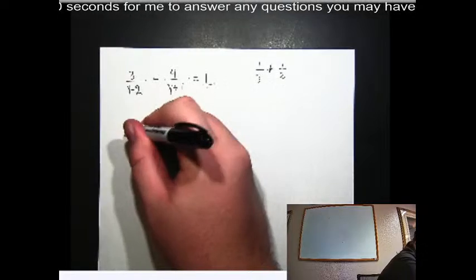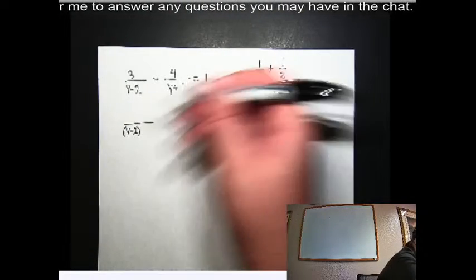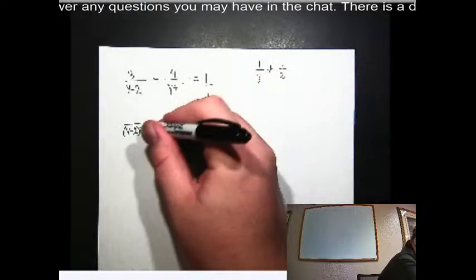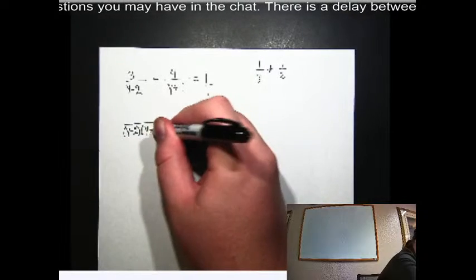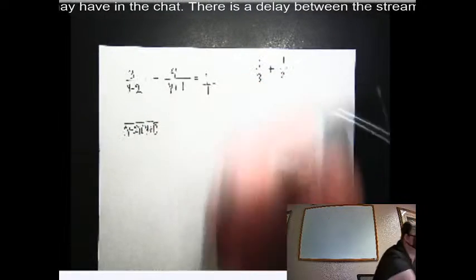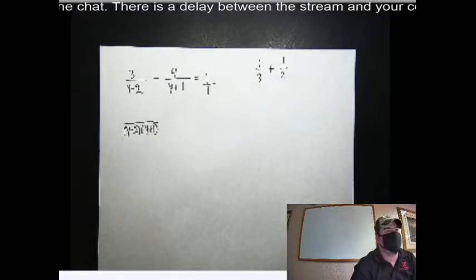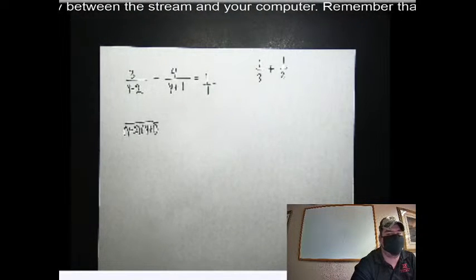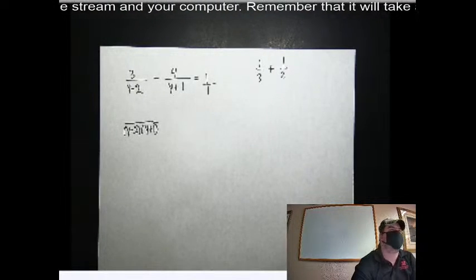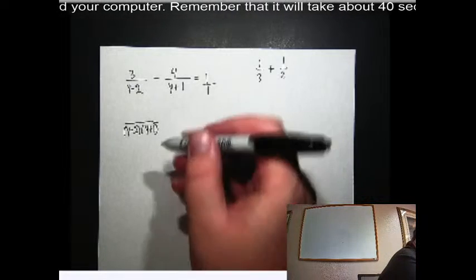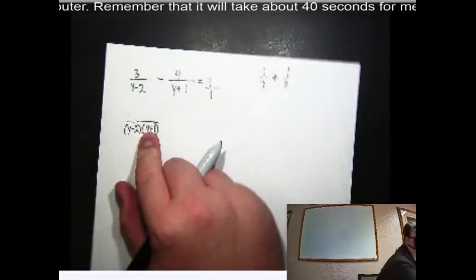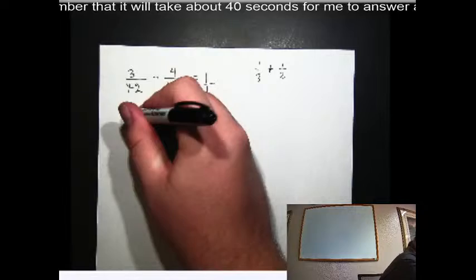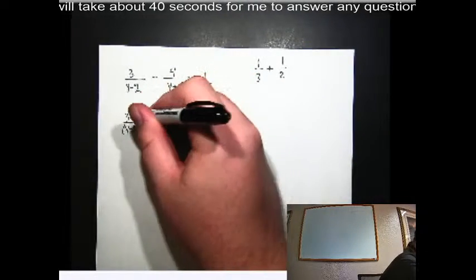y minus 2, we're going to multiply by y plus 1. Am I going to sit here and physically multiply it? Not yet. I'll tell you why in a few minutes, but let's just get this laid out. If we multiply the bottom by that, we have to multiply the top by that as well, so 3 times y plus 1.